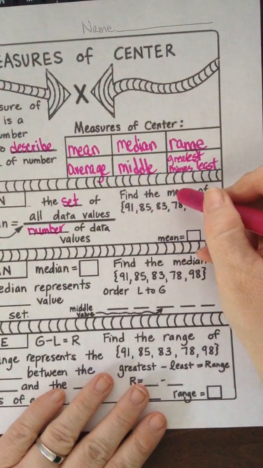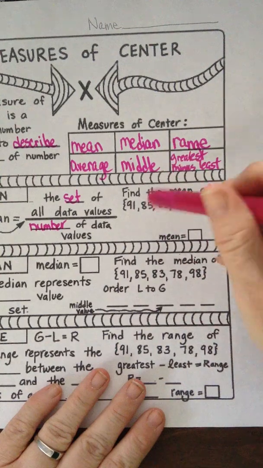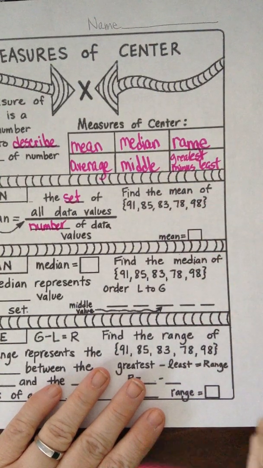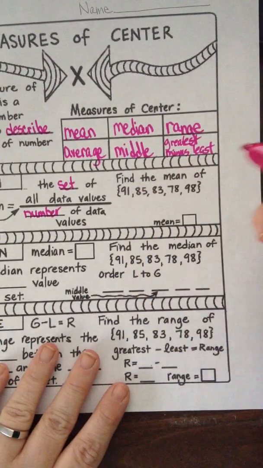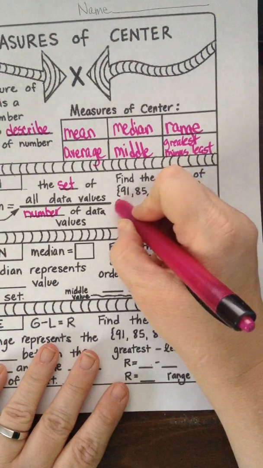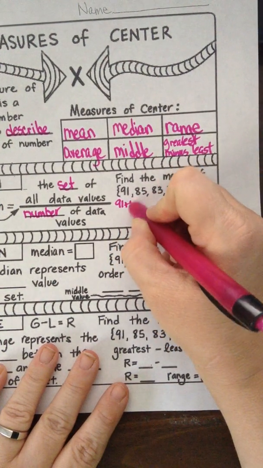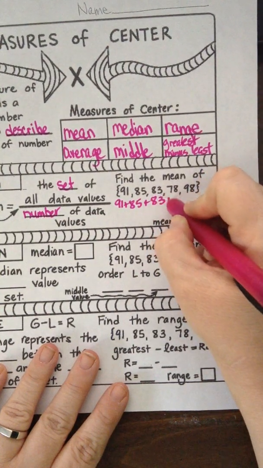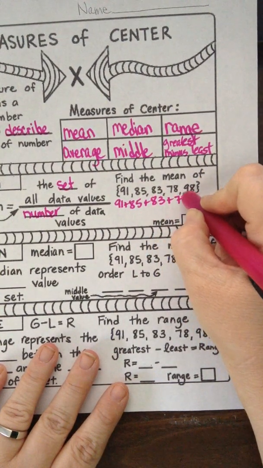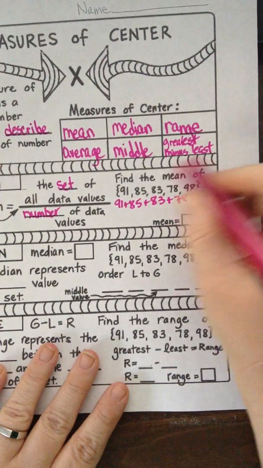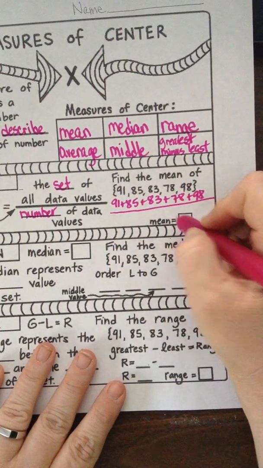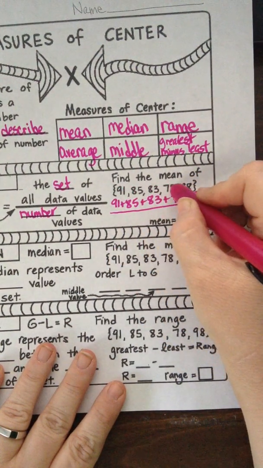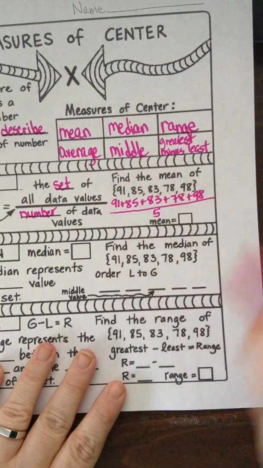So look here. Find the mean of 91, 85, 83, 78, and 98. Well, what you have to do is add all of these: 91 plus 85 plus 83 plus 78 plus 98, and then divide it all by 1, 2, 3, 4, 5, because there's 5.